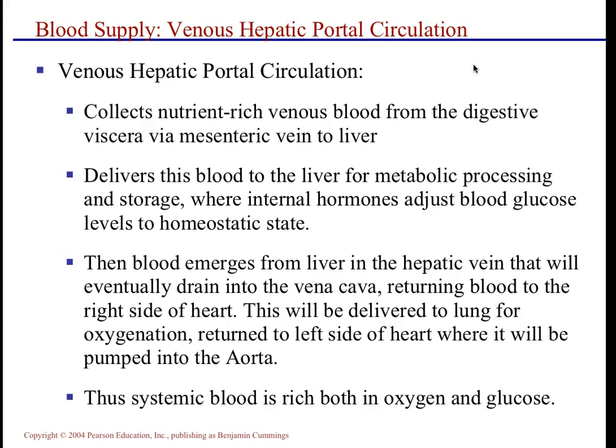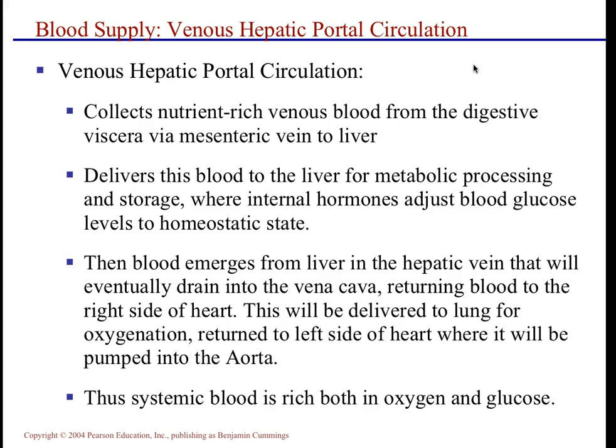So when you eat and food is absorbed into the blood, it then leaves the small intestine and goes into the liver, where it is examined by the liver, and the cells, the hepatocytes, are going to strip any microbes, any toxins, any poisons.